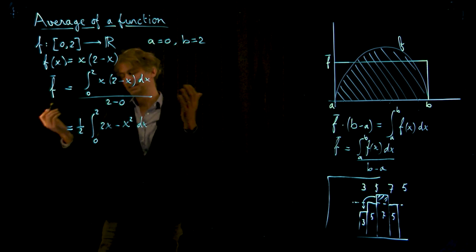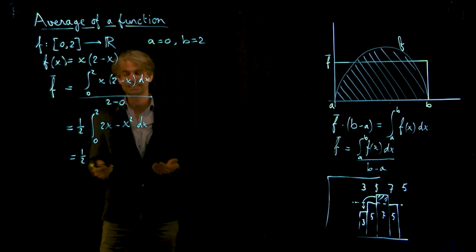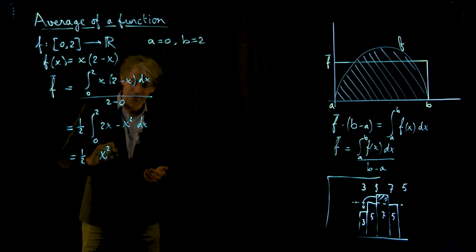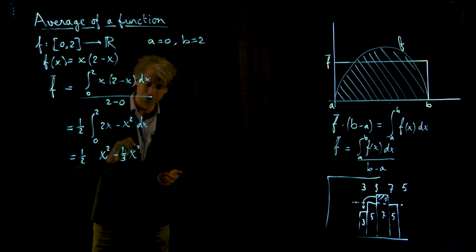And from here it's really a straightforward computation of an integral, I hope. So the antiderivative of 2x is x squared. The antiderivative of x squared is 1/3 times x cubed.